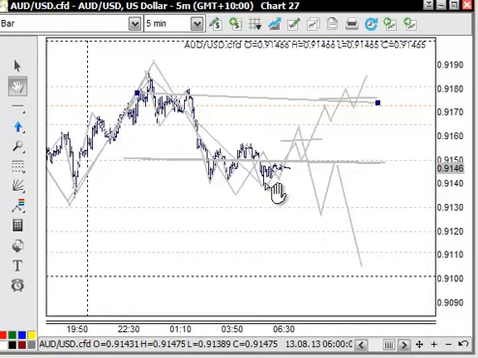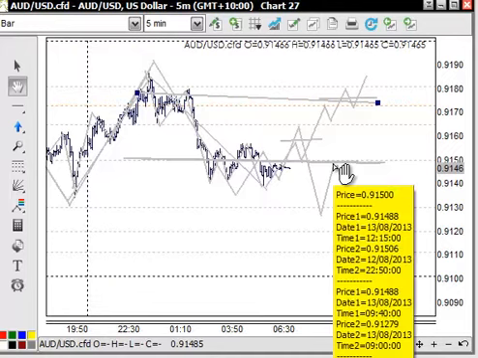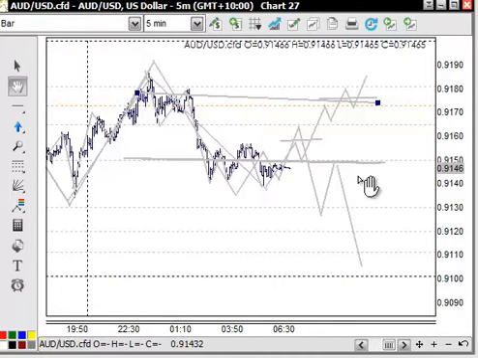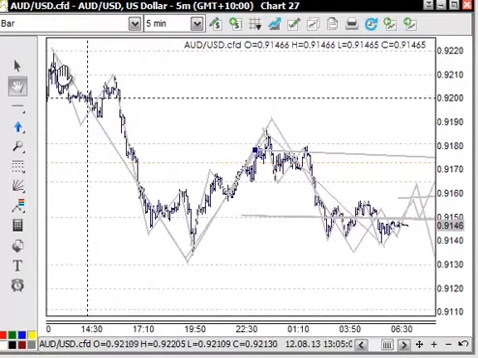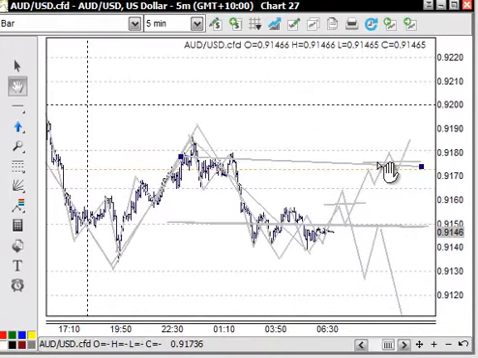If we get a corrective pattern from here and then find the 50 as the resistance, then it's got much further to come down, sort of a retest of the 90 area. Otherwise, just be mindful that we can have the A, the B and the C in here at the moment, and it can move higher from here.